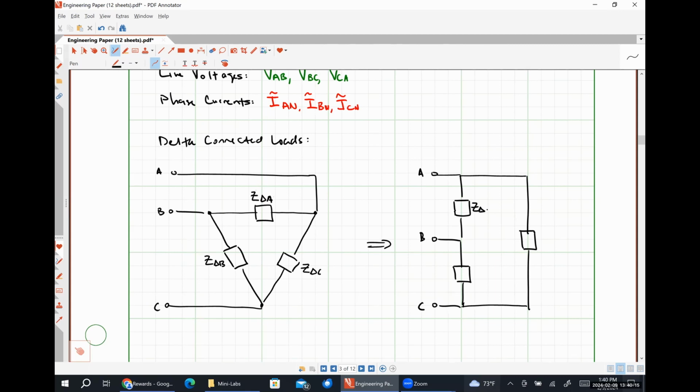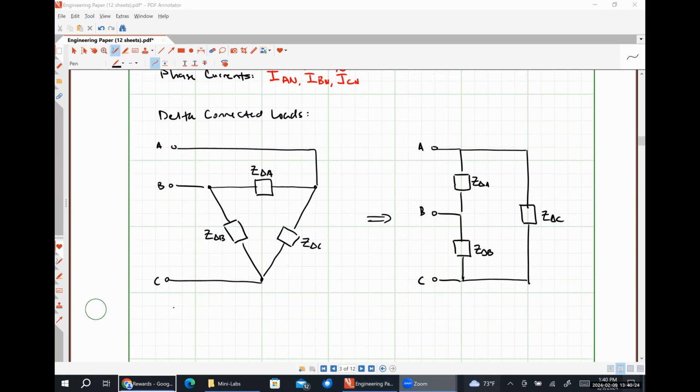Here is Z delta A, Z delta B, and Z delta C. Our phase voltages are VAB, VBC, and VCA, like so.